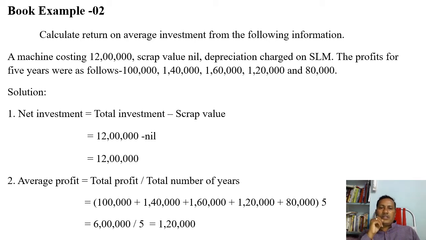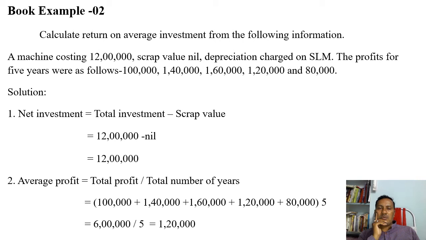Only the figures are changed, the rest remains the same. Students, you can solve the problem. In the previous problem and this problem, there are no adjustments. Net investment is equal to total investment minus scrap value; no scrap value, so the total investment itself is the net investment.